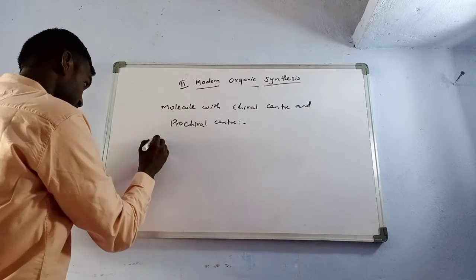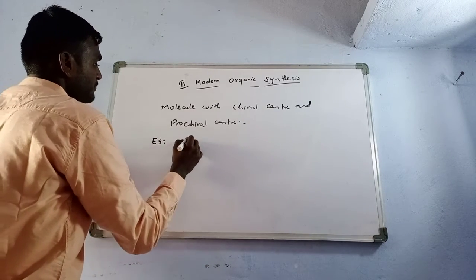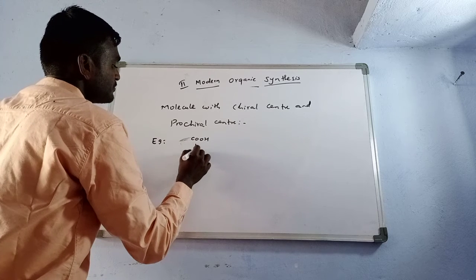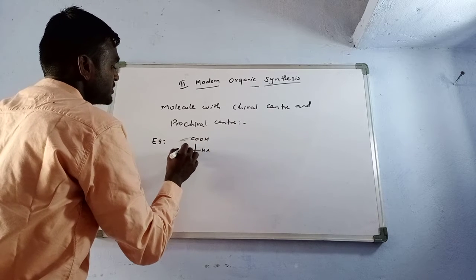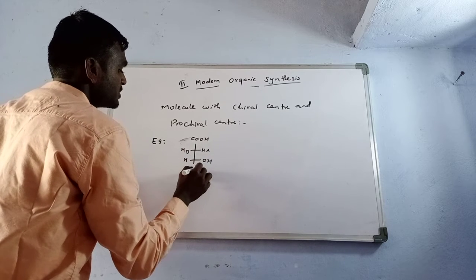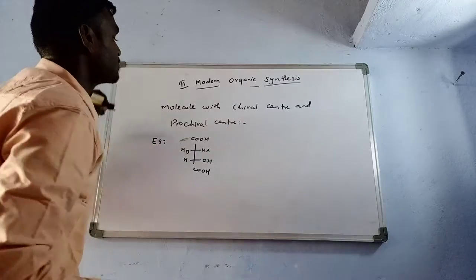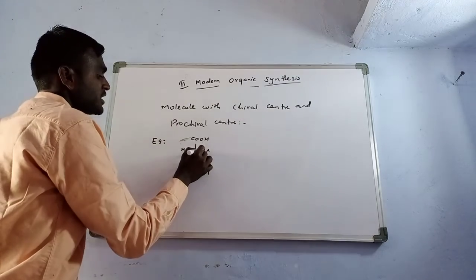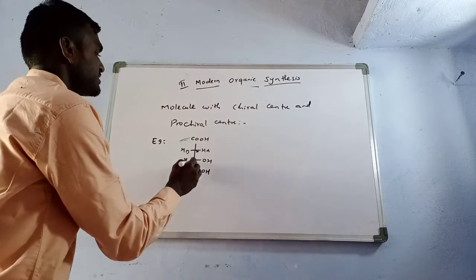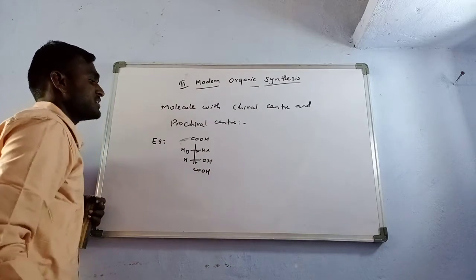Let's take an example for this molecule. Here is the COOH group. This is HA and this is HB, and this is the OH and R, and there is a COOH group. See here, this is the prochiral center and this is the chiral center. A molecule containing a chiral center as well as a prochiral center.